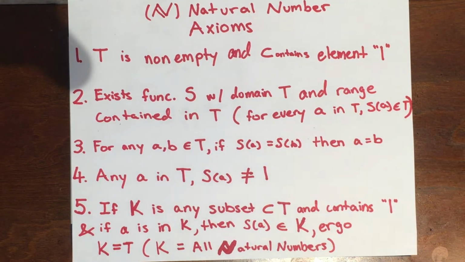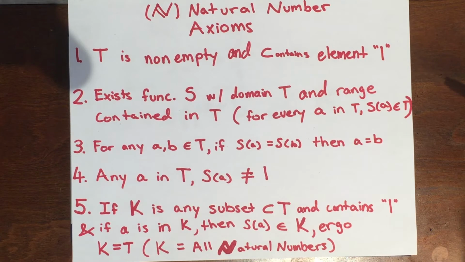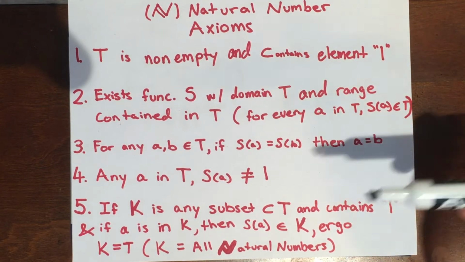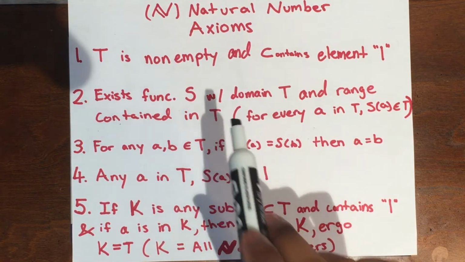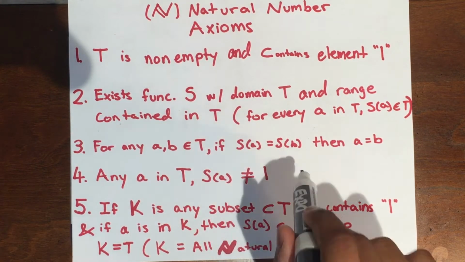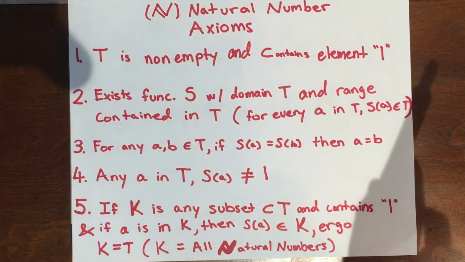There exists a function within the domain of T whose range is also contained in T, so that for every A in T, S of A exists in T. Then third, for any A, B that exist in T, if S of A is equal to S of B, so the successor function of A is equal to the successor function of B, then A is also equal to B. For any A in T, the successor function of A cannot equal 1.